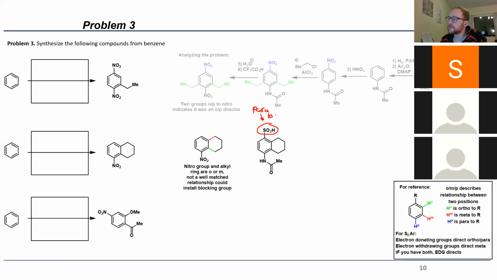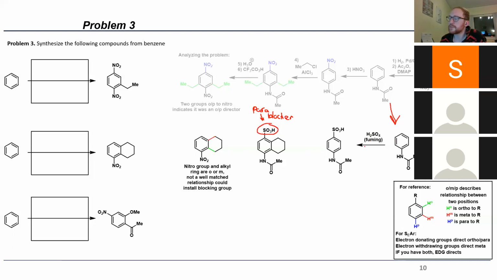We can install a sulfonyl group in the para position and allow us to gain selectivity for the alkylation positions that we want. And so once we have a para blocker installed, we can do a Friedel-Crafts alkylation to install that ring. And then that gets further worked back to this amide. And of course, we know how to make the amide from there.